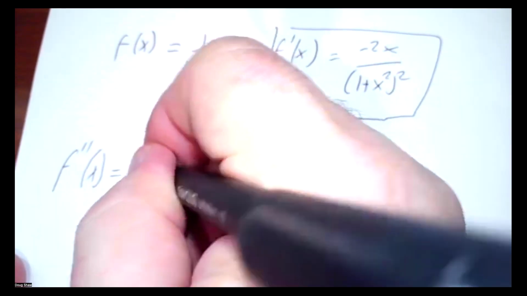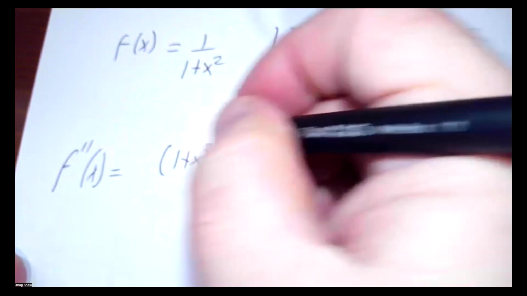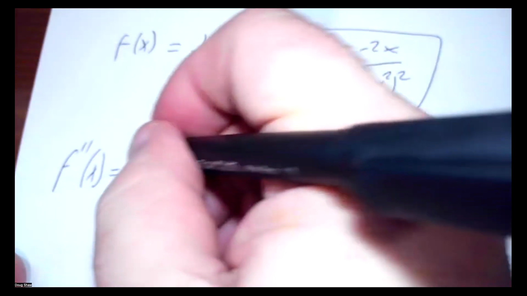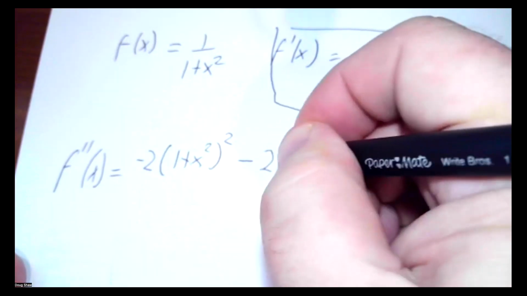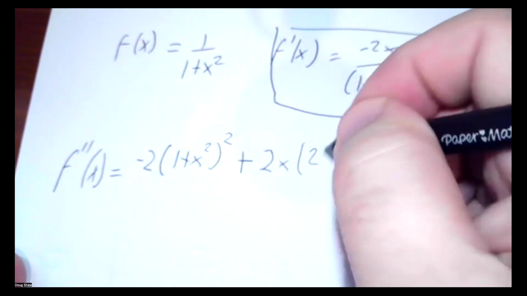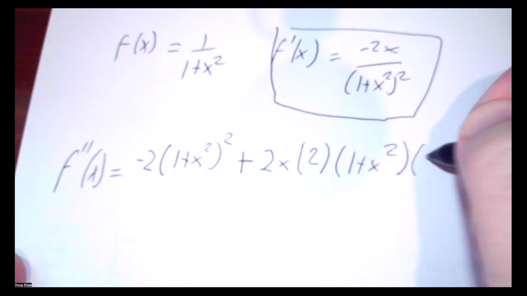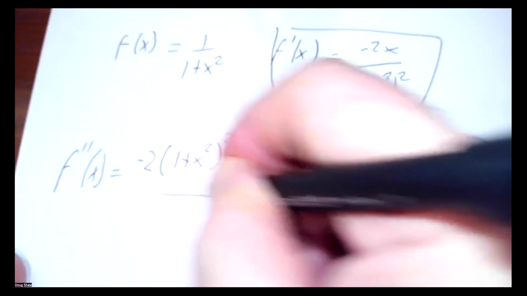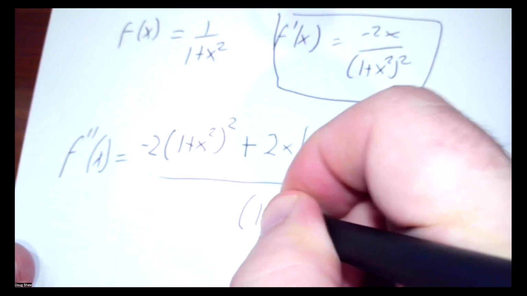So I'm taking the derivative of this now: the denominator times the derivative of the numerator, which is -2, minus the numerator, -2x, minus that, so that's plus, times the derivative of the denominator, which is 2 times 1 plus x squared, times its derivative, 2x, all over the denominator squared.